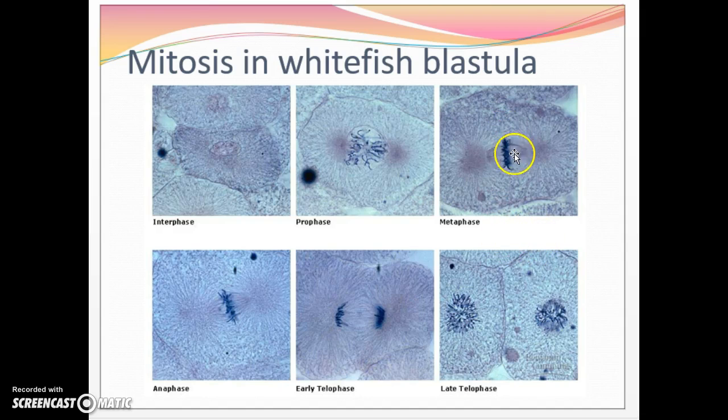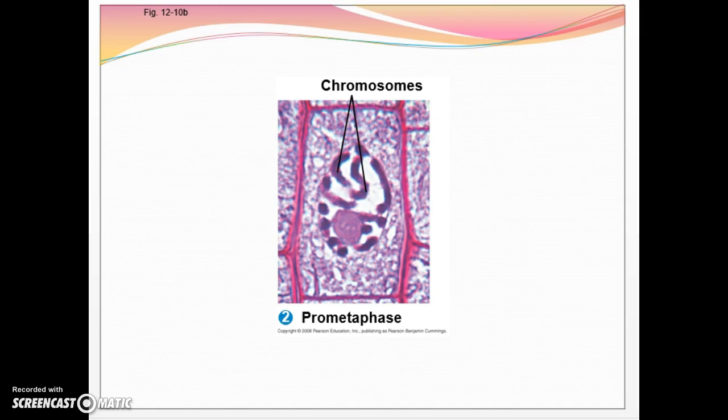Then in metaphase, we have them lining up along the metaphase plate. And in anaphase, they're starting to be pulled apart. In telophase, we have the beginning of the reformation of our nucleus. And then in late telophase, you actually see the nucleus has formed, and then we have the beginning of the cleavage furrow.